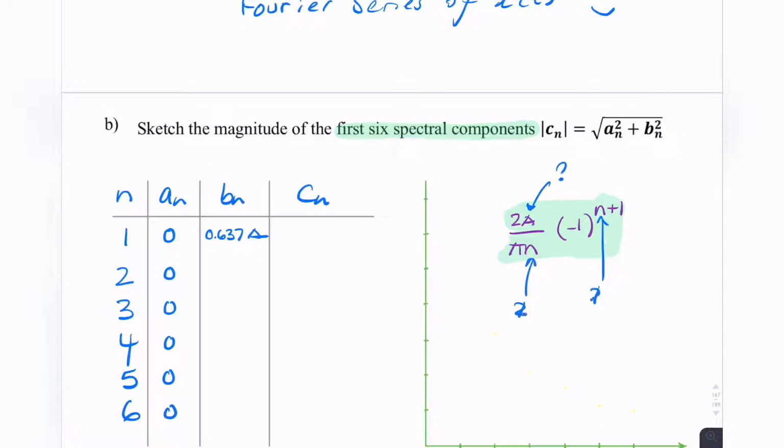For n equals 2, you get negative 0.318. And the values of C will be exactly the same.